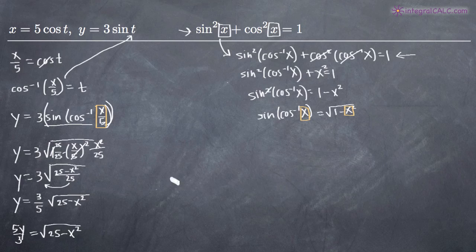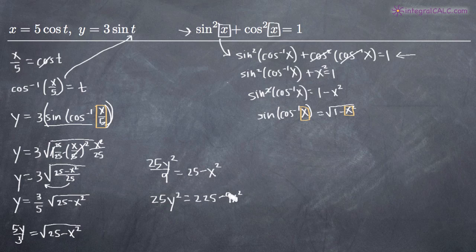It would be cleanest to eliminate the square root, so I'll go ahead and square both sides to get 25y squared over 9 equals 25 minus x squared. Now if I multiply through both sides by 9 to eliminate the fraction, I'll get 25y squared equals 225 minus 9x squared.